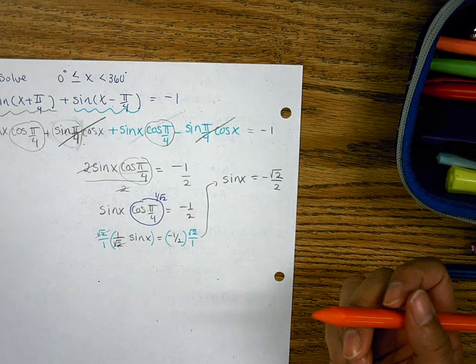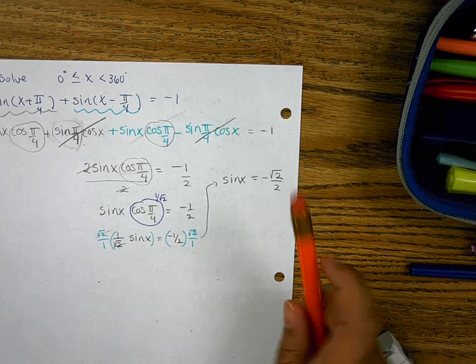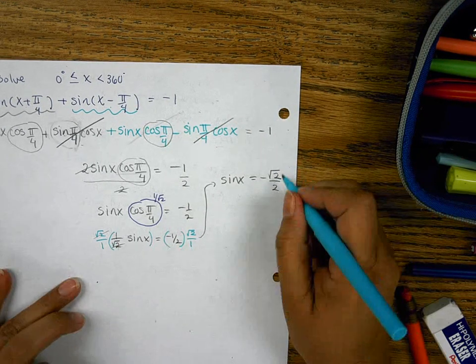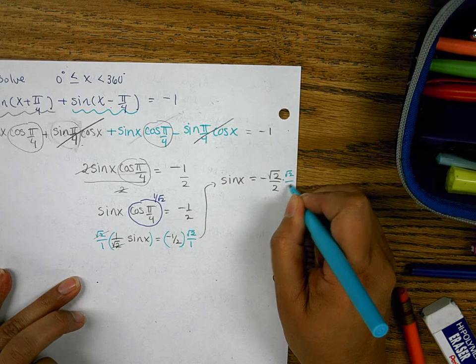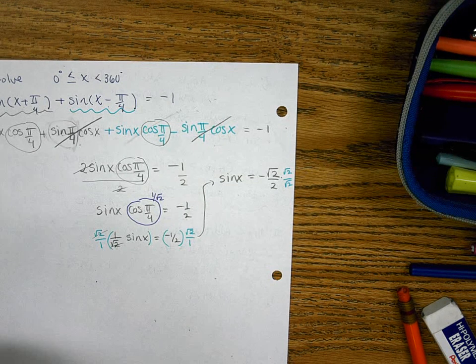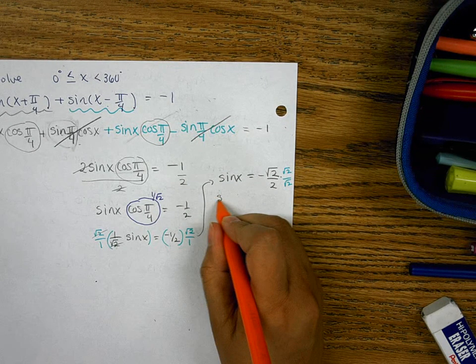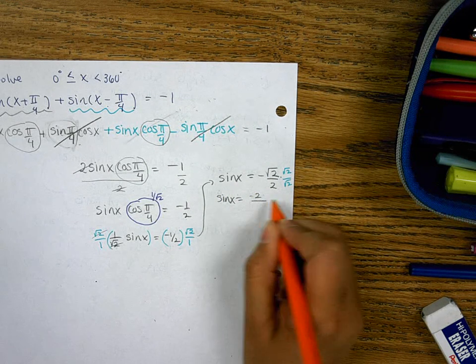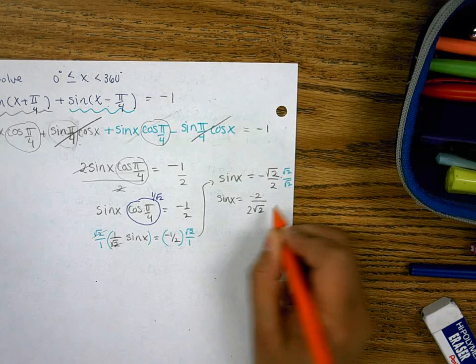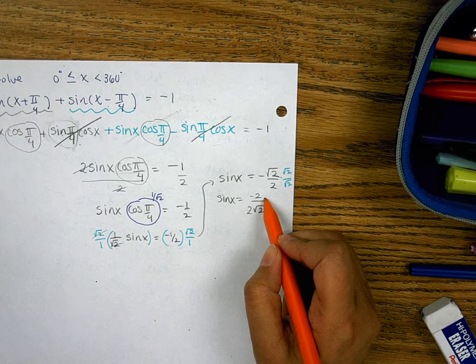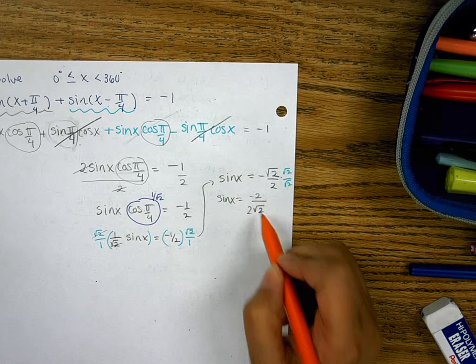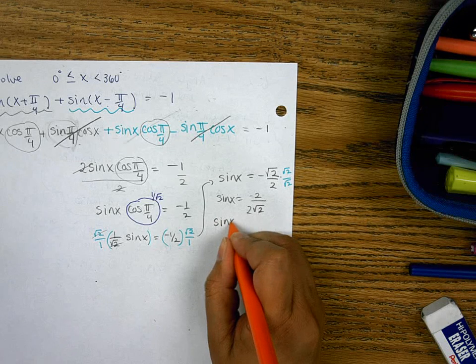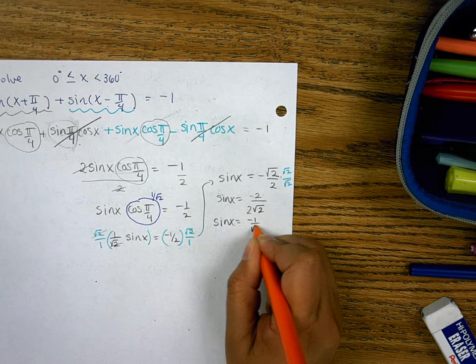Those of you who write it this way, you're fine. Typically in a class, I do not write it this way, so I'm going to unrationalize. Sine of x equals, what does that become? Negative 2 over 2 root 2, because root 2 times root 2 is 2. 2 times root 2 is 2 root 2. So sine of x equals negative 1 over root 2.